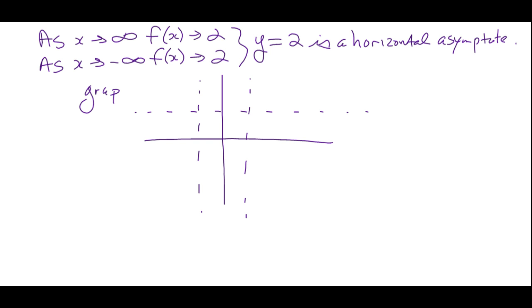Okay, so we've got 3 asymptotes we're worried about. The 2 vertical asymptotes, the ones at negative 2 and 2, and then the horizontal asymptote at 2. So if we put together what we had before, we know that this was going up, and this is coming to here. So there's that sketch. We know on this side was doing this.